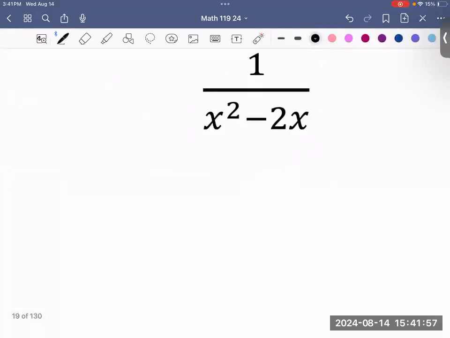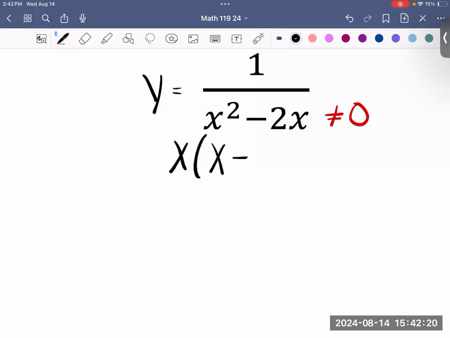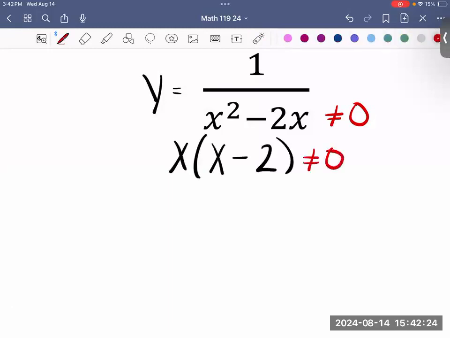Now, the next variation is very similar. We now have that same value, but in the denominator. So that's going to provide us with some restrictions. What is not allowed in the denominator? Well, 0 is never allowed, right? And just as we did before, we see a polynomial, so we're going to have to factor. So factor out your GCF, still setting it not equal to 0. You have two pairs of parentheses, two restrictions.